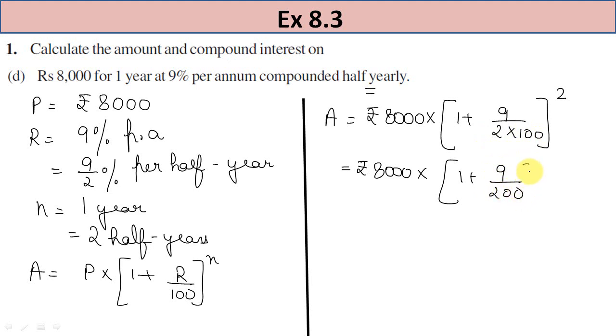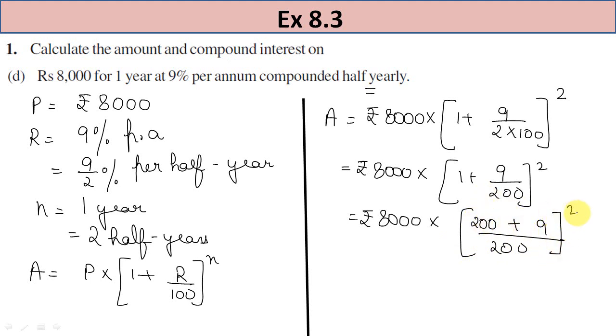So now let's take the LCM inside the bracket. So it will be 200, and here we can write down 200 plus 9 whole raised to the power 2. So now 200 plus 9 is equals to 209 upon 200 whole raised to the power 2.